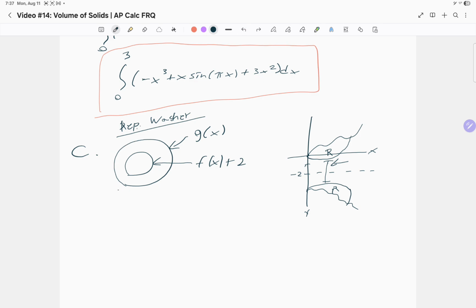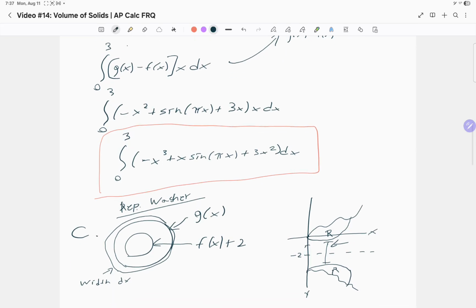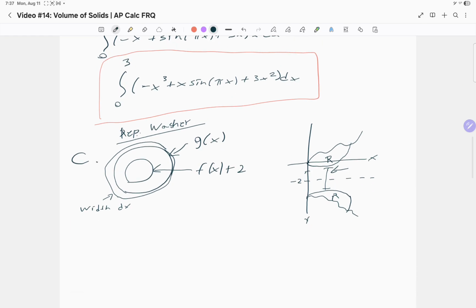I drew that very horribly, I'm sorry. Imagine this has a width of dx, because we are revolving around the horizontal line. So we're going to be working in terms of x when we look at that width.